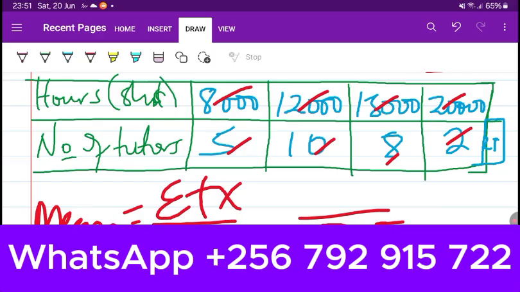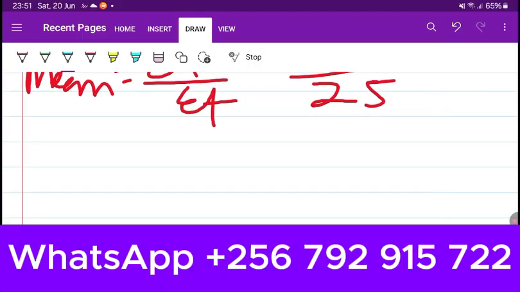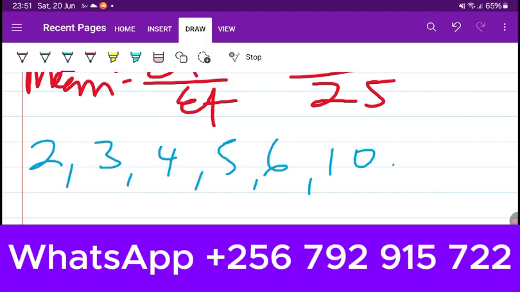Even the data itself can also be arranged in horizontal aspects. They can give you the data set like this: 2, 3, 4, 5, 6, 10, 20, like that. Sometimes they may not even put commas.